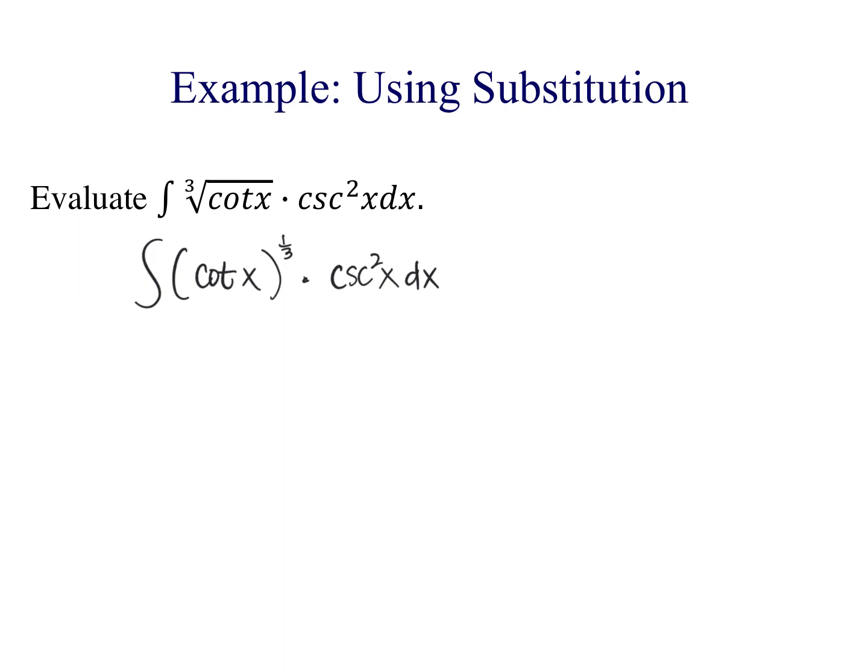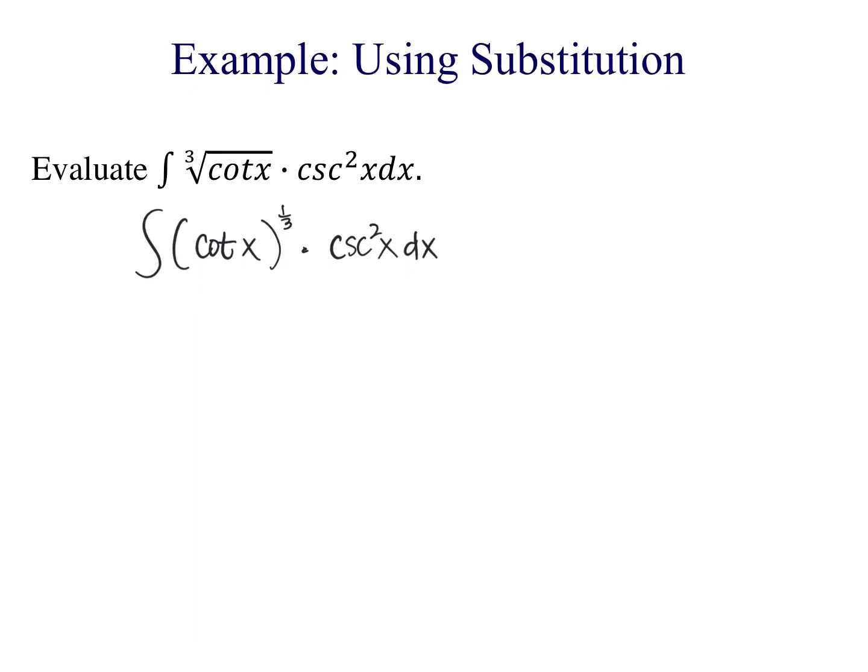That's okay. All right, so Tyler, what would you pick as your u? Okay, so cotangent of x gets picked as my u. The derivative of cotangent x is negative cosecant squared of x. The derivative of u is du dx.